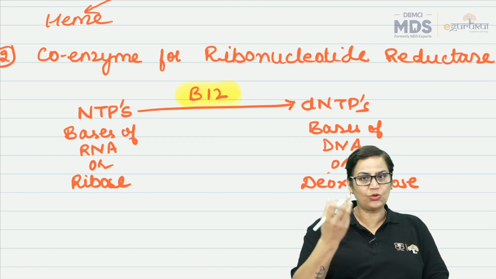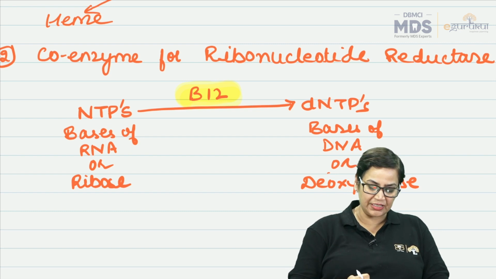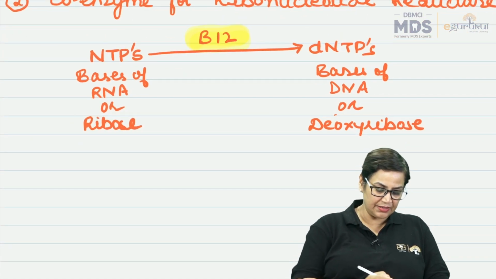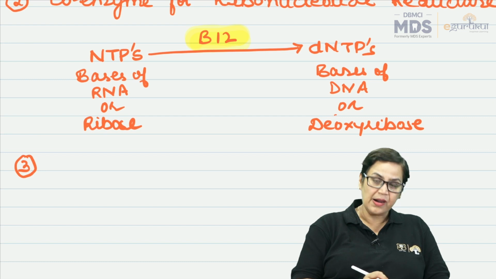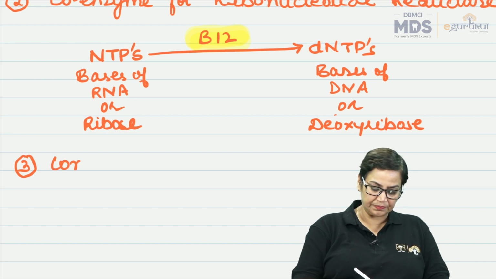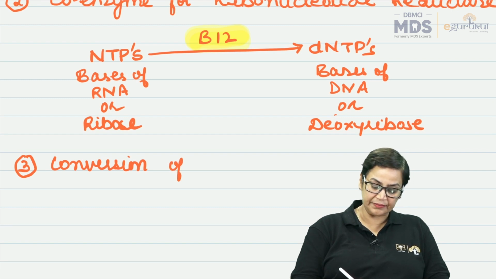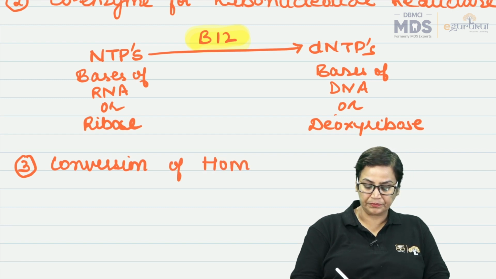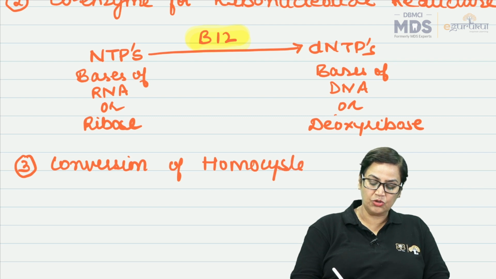Then, because I told you it catalyzes only 3 reactions, the third reaction is the conversion of homocysteine to methionine.